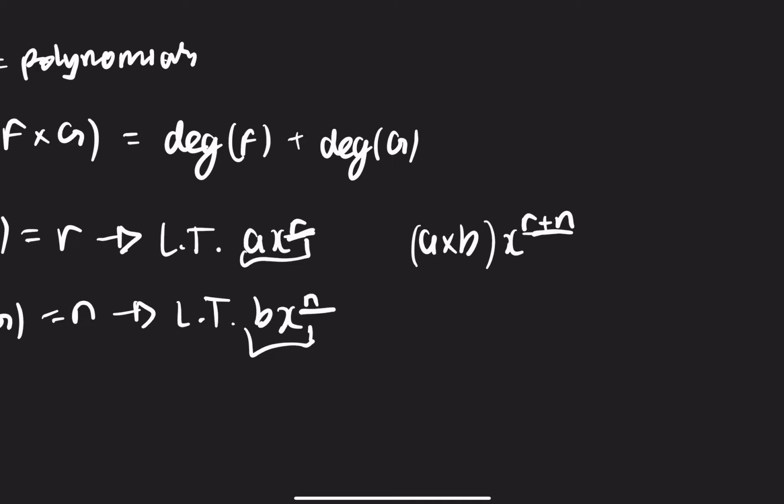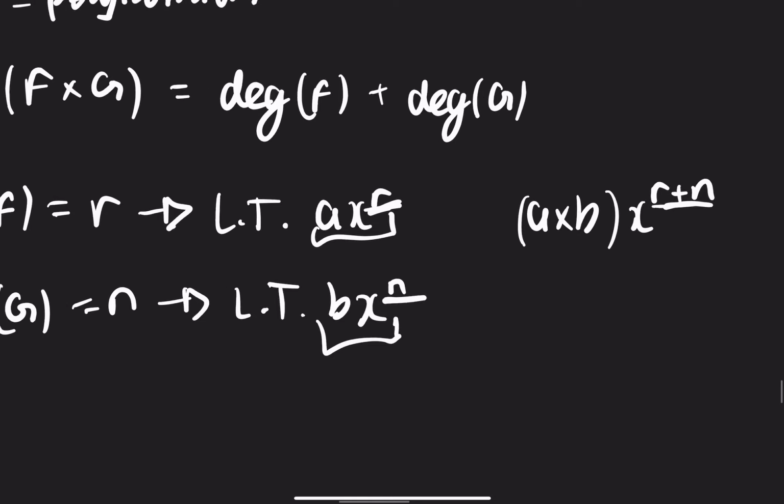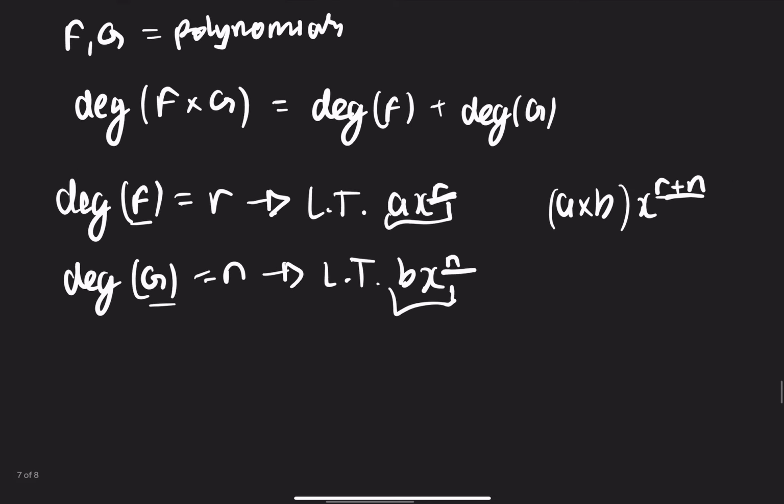Because n is greater than all of the other exponents of x in that polynomial. You understand what I'm trying to say? So essentially, this is the largest power of x that we can form, and therefore it is going to be the leading term of the polynomial formed from the product fg.